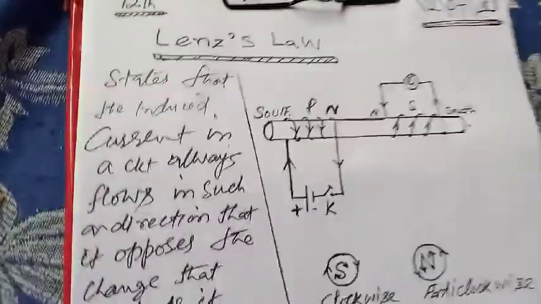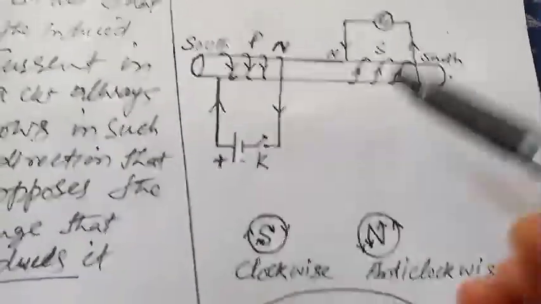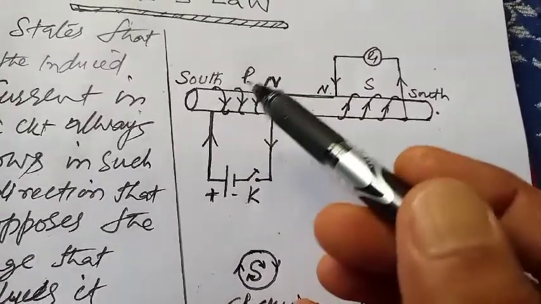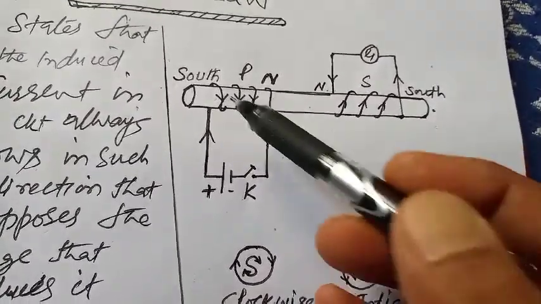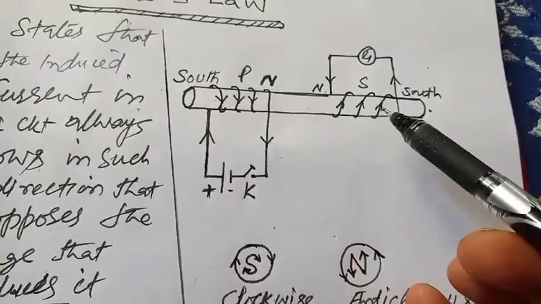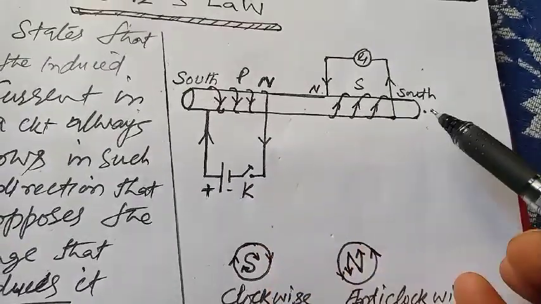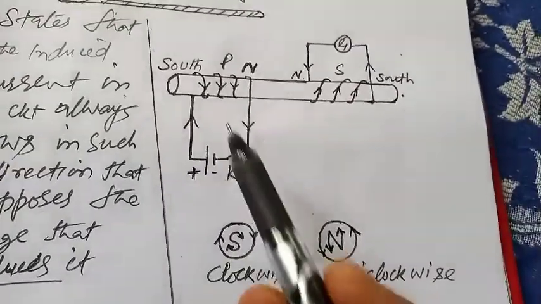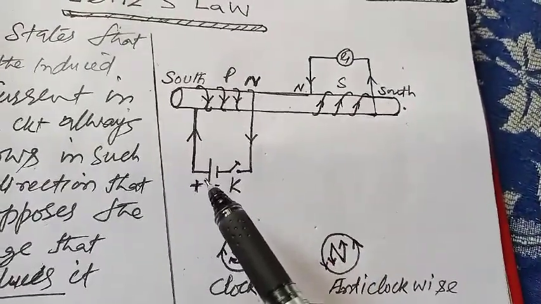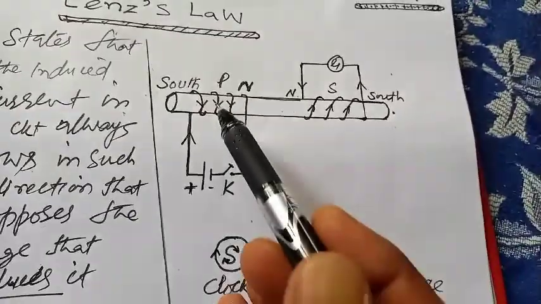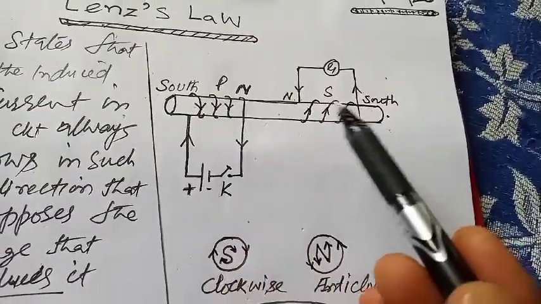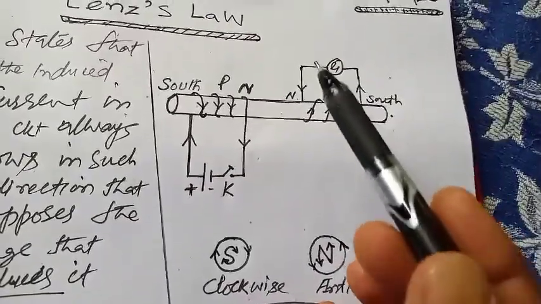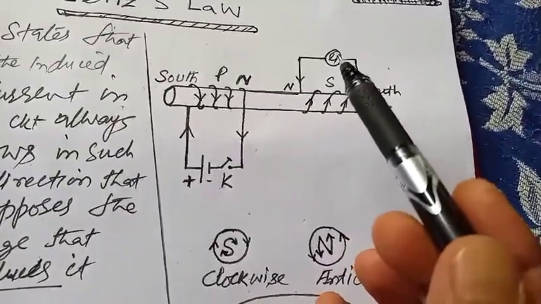Now we'll explain what Faraday did. He wound two coils, one named primary and another secondary, on the same soft iron core. One coil is connected to a battery via a key, called the primary. The other coil is connected with a galvanometer.